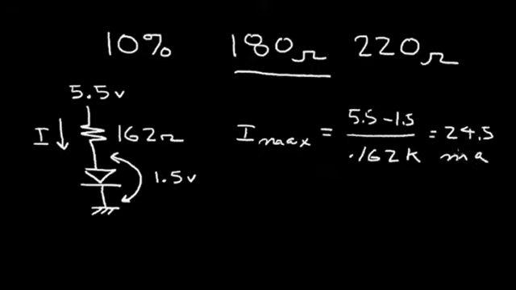So I am under the maximum current, but I'm a little close. And so this makes me a little nervous. I'm very close to that 25 milliamps. But maybe the 220 ohm would be a better choice.